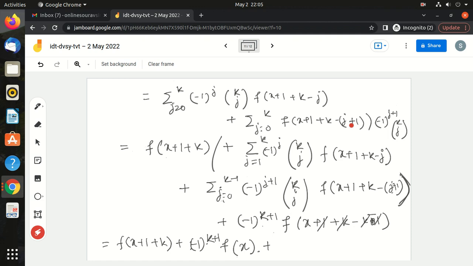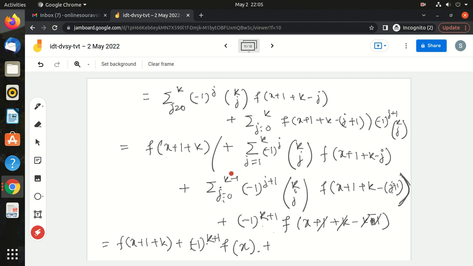Sir, j is equal to 0 to k minus 1. Can you please repeat that? Yeah, sure. So here it was j equal to 0 to k, all this thing up to this. What I did, I didn't write this k term.